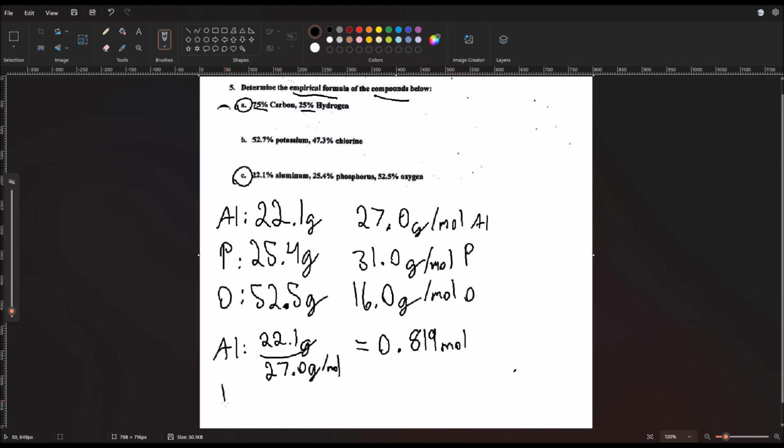Then we're going to do phosphorus, which is going to be 25.4 grams divided by 31.0 grams per mole. And that's going to give us 0.819 moles.